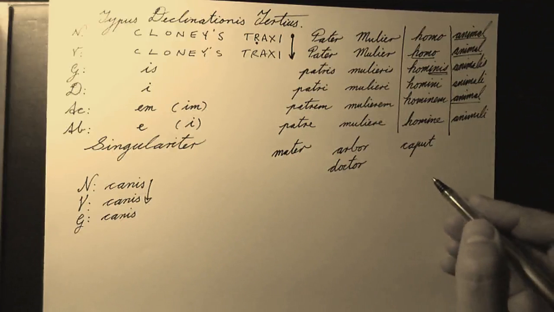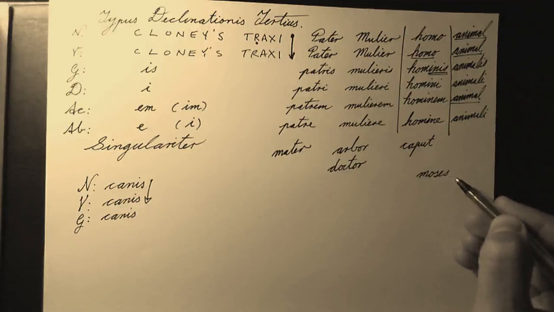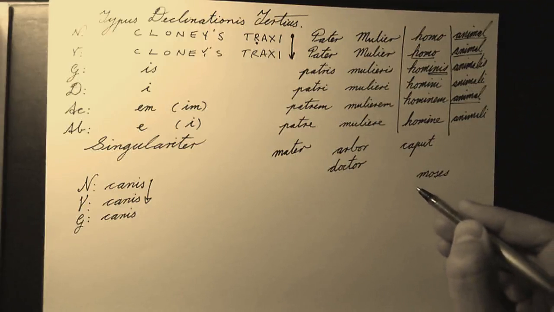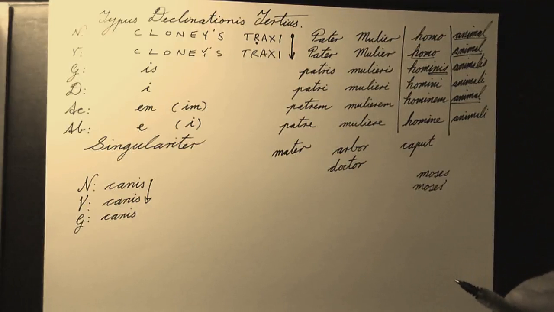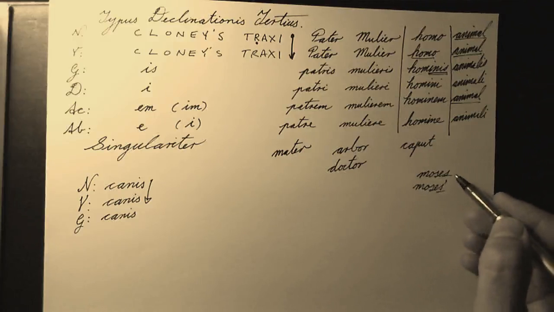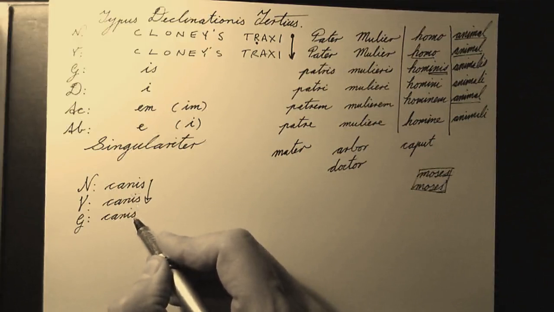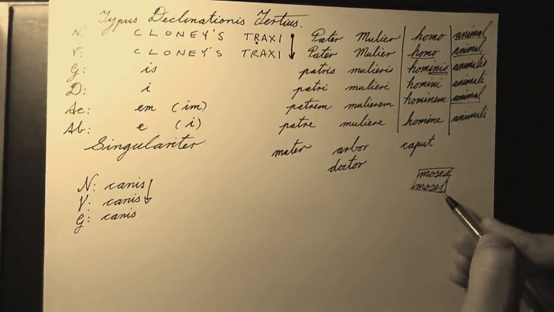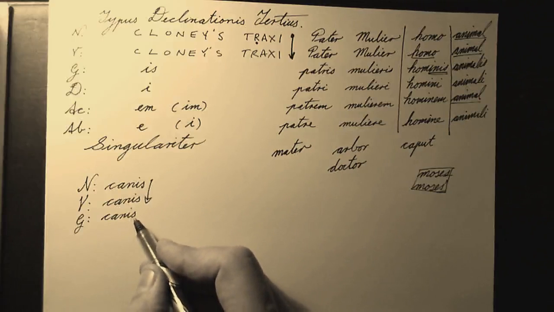For example, we have Moses, and then the genitive of Moses is still Moses, we just put the apostrophe afterwards. So words that end in S in English, no change in the genitive. Here we have canis, canis, canis, just like Moses and Moses in English. So it's not such a strange thing.